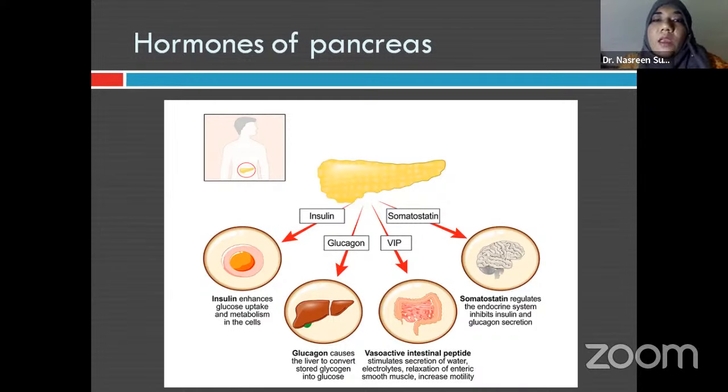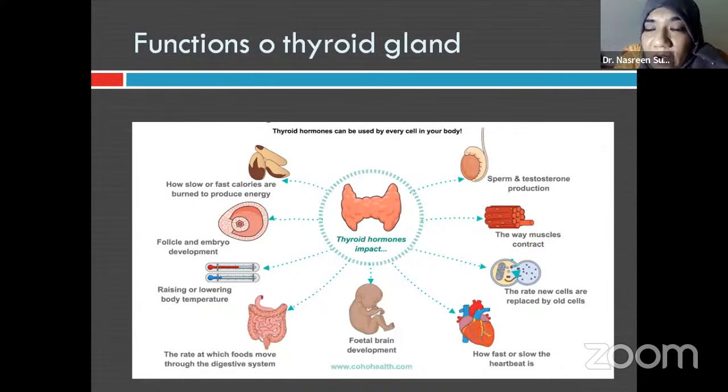Now, coming to the functions of the thyroid gland, as I said, the functions of all the glands are very important. The thyroid shows its effect in almost all the organs of your body. Coming from the left, it influences your BMR, so it slows or speeds up calorie burning.